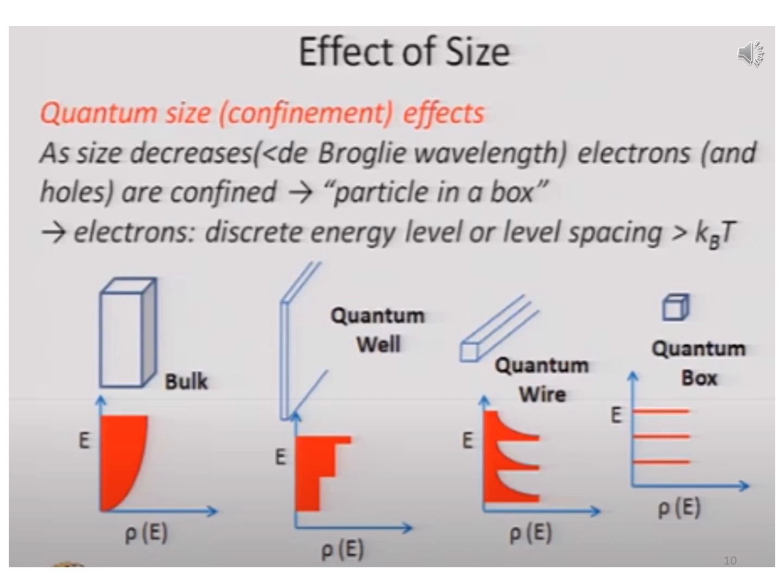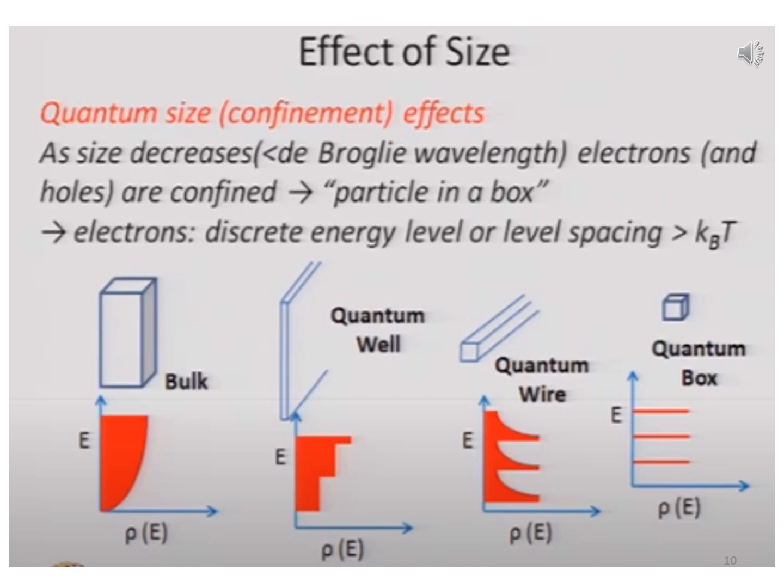When you go to high energy, you have high density of states. In the plot there are three steps in the case of the quantum well: first step, second step, and third step. On the right side, the density of states increases as the energy increases.